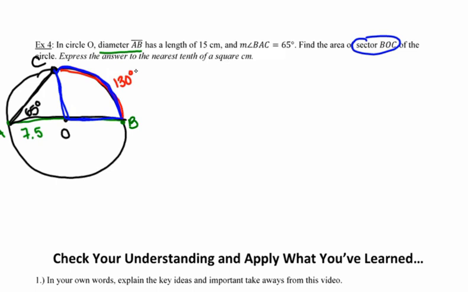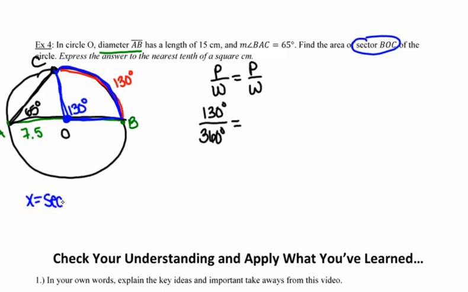So I do know that if the measure of this arc is 130, then the degree measure of the central angle that accompanies that arc is also 130. So when I go to set up my parts and wholes, I have a central angle of 130 over an entire circle of 360 is equal to x, which I'm going to let be the area of my sector, over the area of the entire circle.